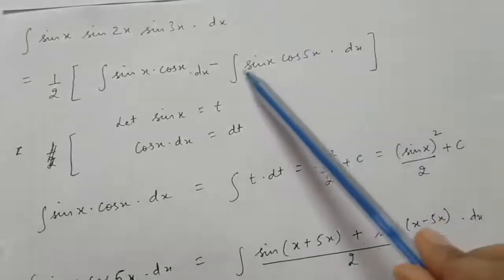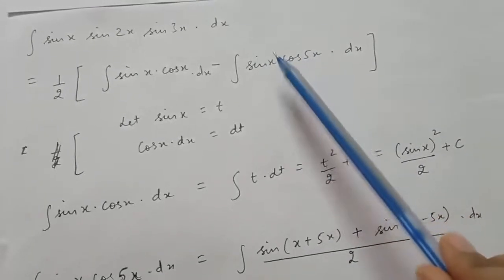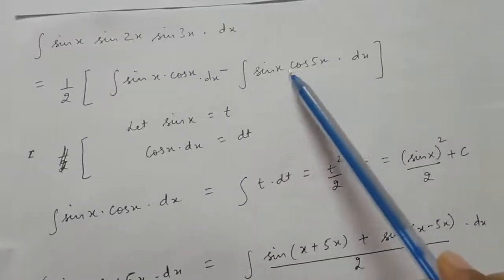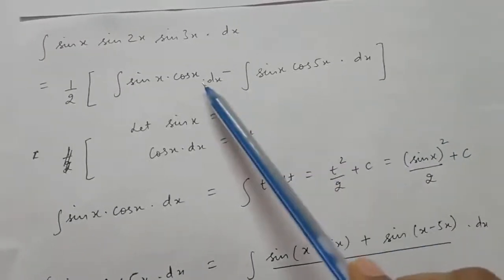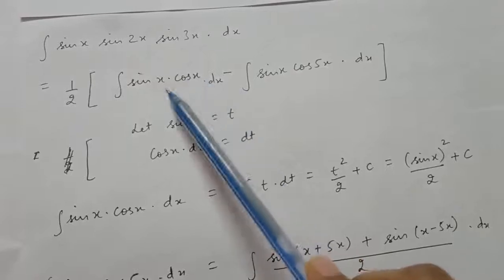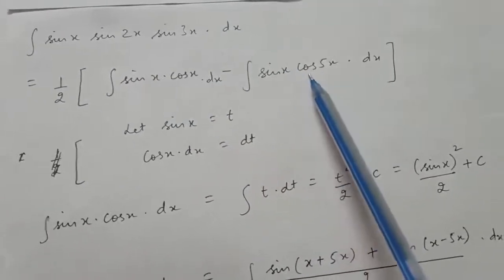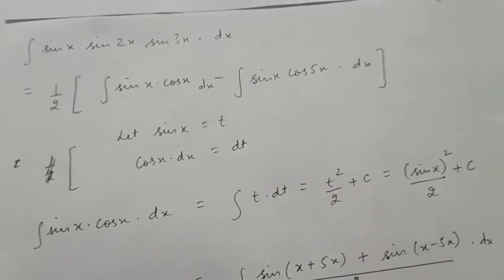Now we will solve this integral. For this integral, substitution is not possible because angle is different. Here we have substituted because angles are same. Now in this we will apply the identity of 2 sin a cos b, right?